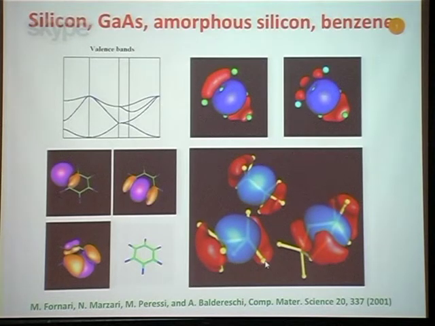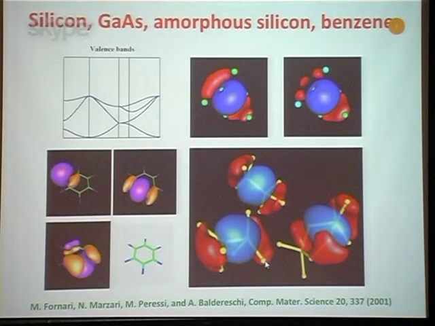Yeah. So I wanted to conclude with the work that we did together with Ivo Souza in generalizing our problem from the case of semiconductors and insulators to the case of metals.